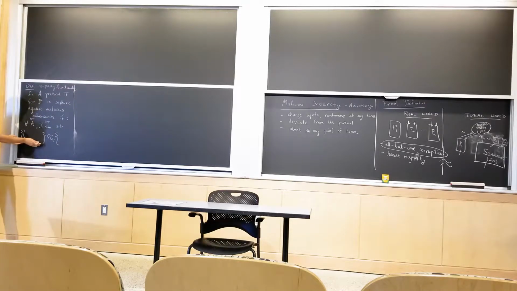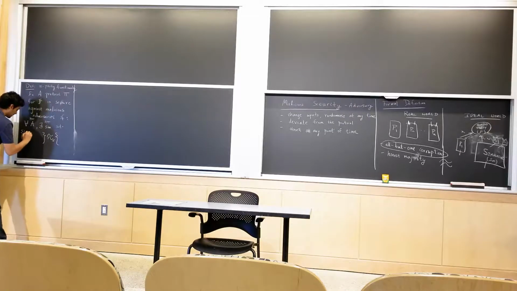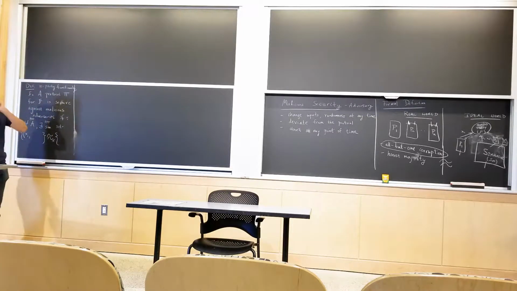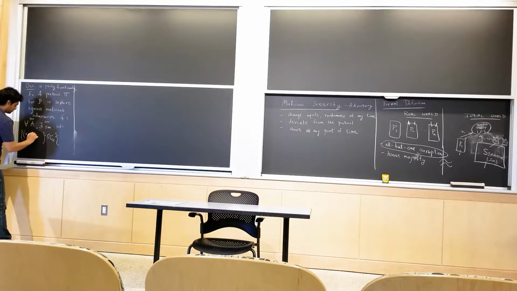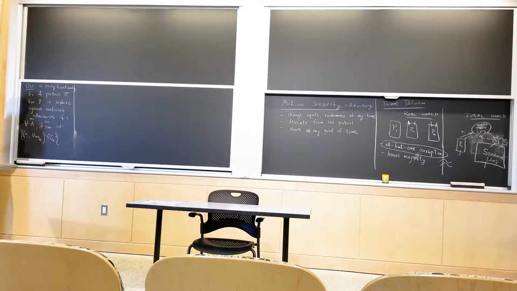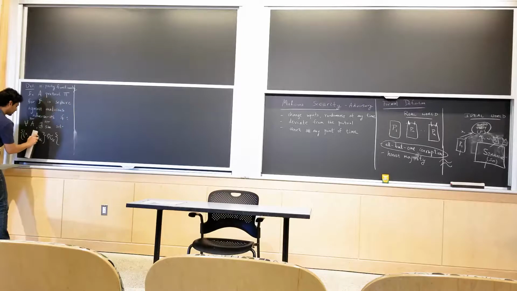On the left we have something that corresponds to the real world, which is the input of the honest party. Here I'm only considering corruption of P1, but as I said, you can consider a more general definition. Sorry, I didn't mean to say X1 here.